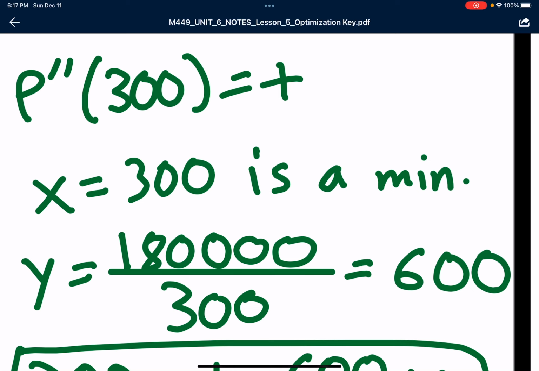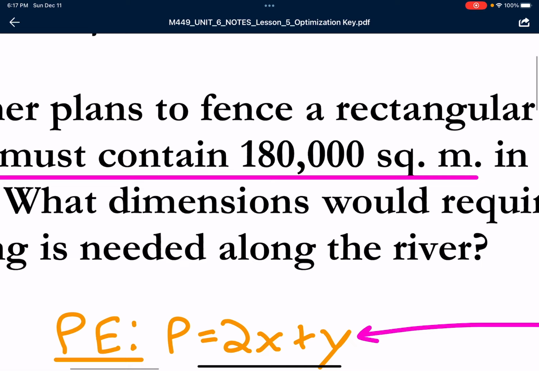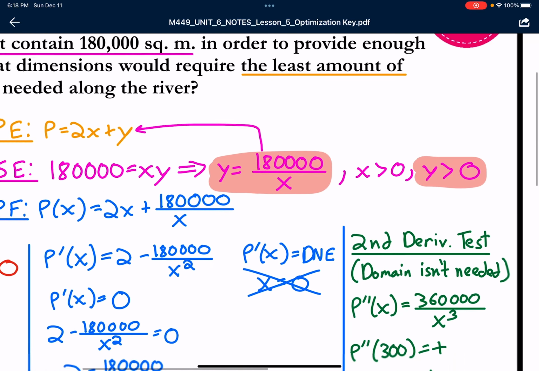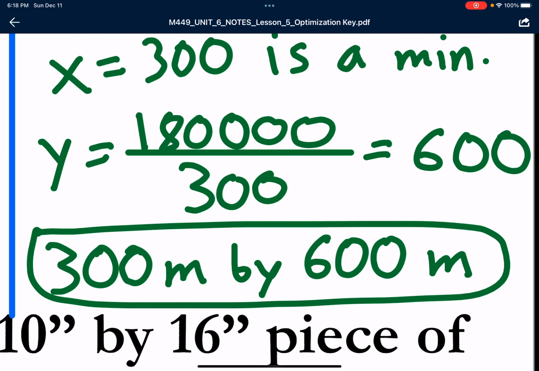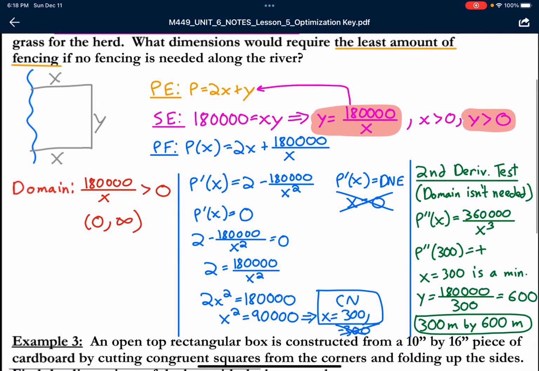So you can just do 1,800 divided by 3, and you get 600. And now the last thing again, make sure you answer the question, right? What dimensions? This question has units, square meters for the area, and so the dimensions must be given with meters. Okay, so that was example 2, and I'll see you next time for example 3.